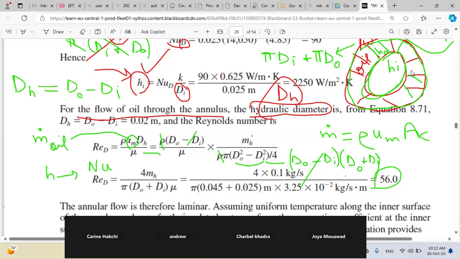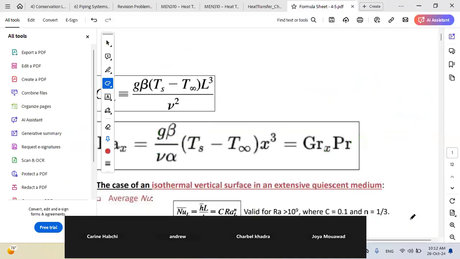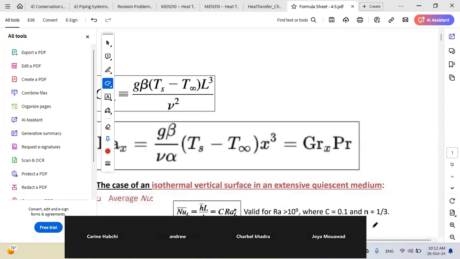So you can go to your appendix of inner flows and try to search for the case of convective coefficient for a flow over an annulus, okay? So here you can say that if we go to our appendix, we can search for flow inside annulus geometries. Okay, so let us go back and try to see if we have formulas for flow in annulus.